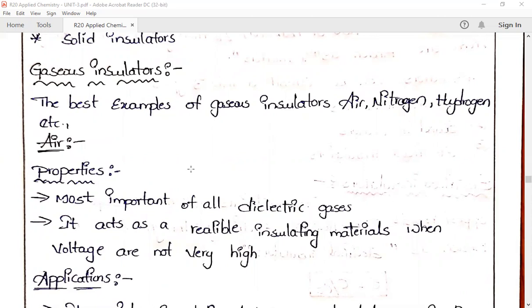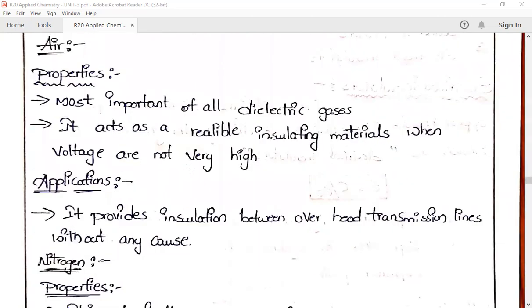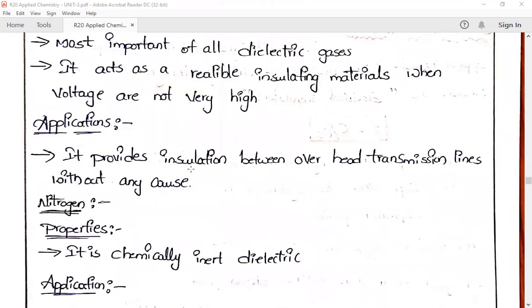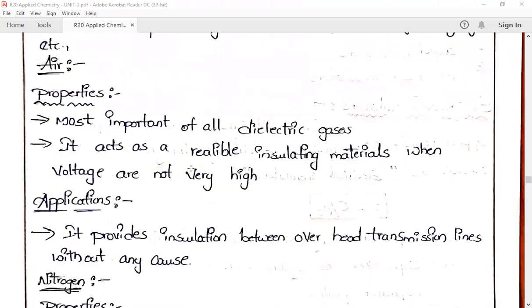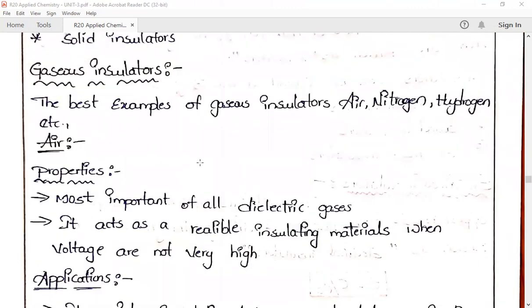Taking this into consideration, dielectric strength, dielectric loss, chemical stability, and corrosion resistance matter. Some of the gaseous insulators are air, nitrogen, and hydrogen.